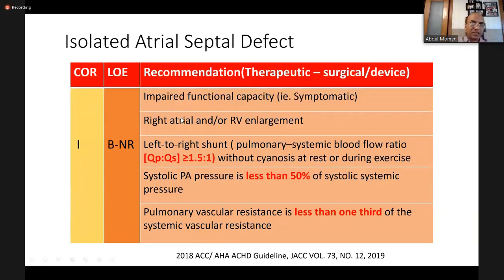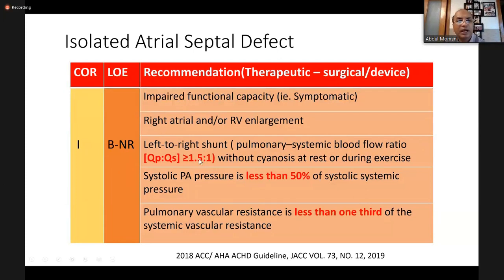And the PA pressure is less than 50% of the systemic pressure, and pulmonary vascular resistance is less than 1/3 of the systemic. If the PA pressure is less than 50% of the systemic pressure, we assume the vascular resistance is low. So for that reason, we do not always calculate it. Pulmonary vascular resistance can be calculated by echocardiography, but it is not routinely done.